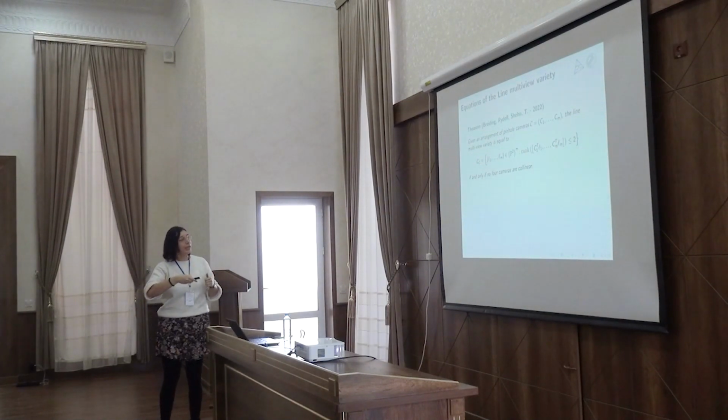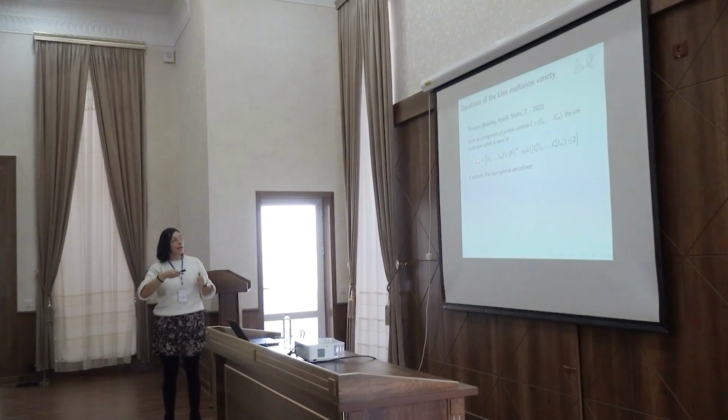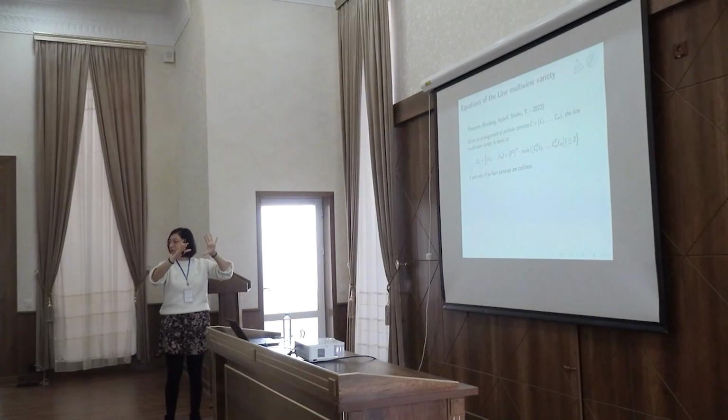Our main result is that the line multivariety is given by the tuples of lines such that when you build this matrix, which also depends on the camera matrices, this matrix has rank smaller or equal than 2. Okay? So it's very similar to the result we had before. The result they had was, we have this matrix, and if this matrix is rank deficient, then your point correspondence is good.